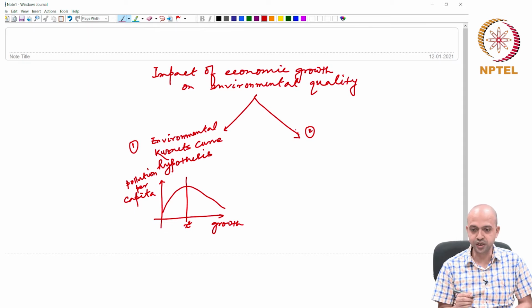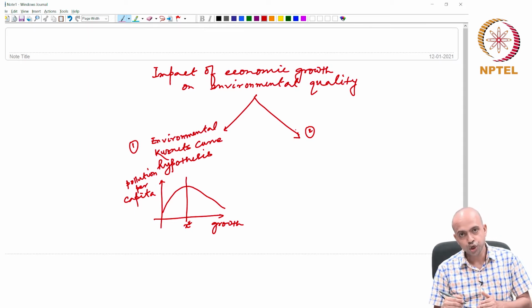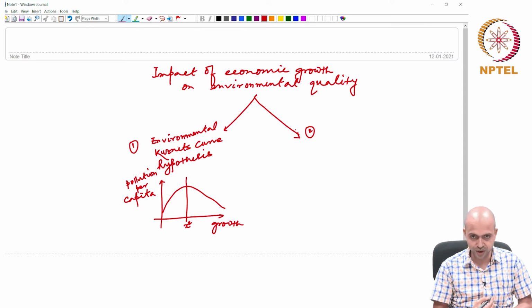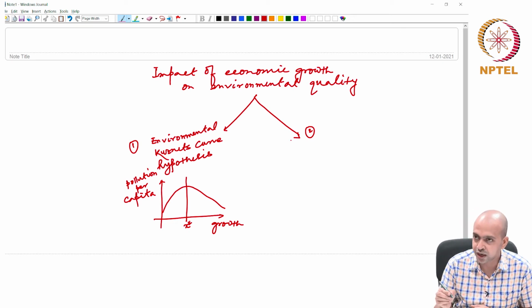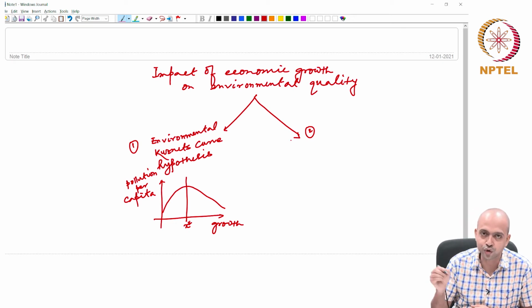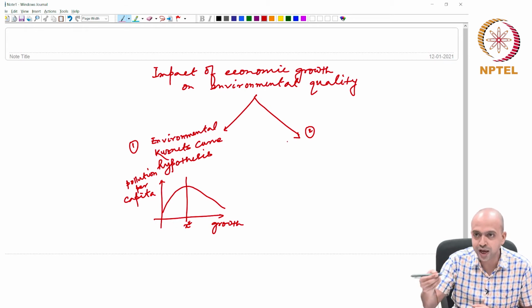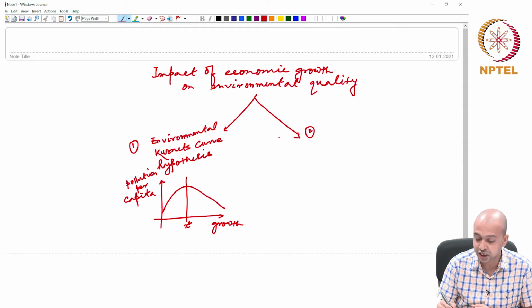The solution is we should grow in a sustainable way. So the second school of thought says that growth with accountability is the solution. And growth with accountability for the environment is actually known as sustainable development.